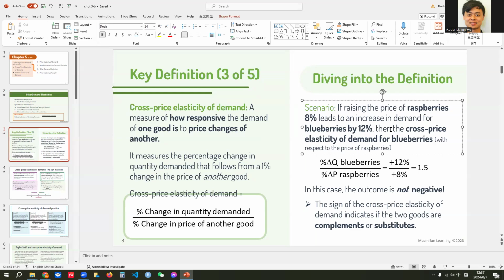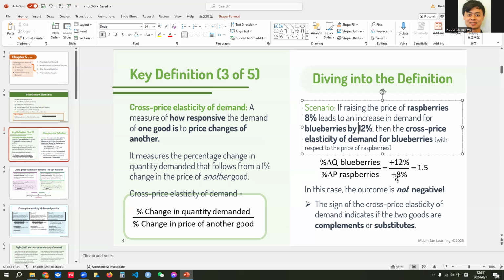So let's look at this example. If raising the price of raspberries 8% leads to an increase in demand for blueberries by 12%, then the cross price elasticity of demand for blueberry is, so here we have the consequence, which is the quantity demanded for blueberry that increased by 12%. So it's a positive 12%. And we have the cost, which is the price increase of raspberry by 8%.